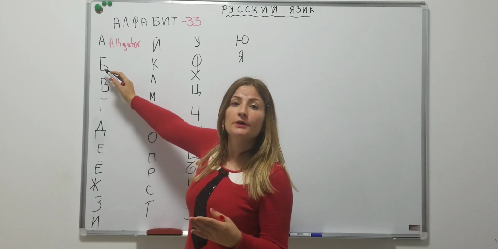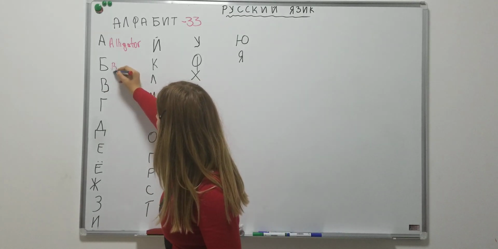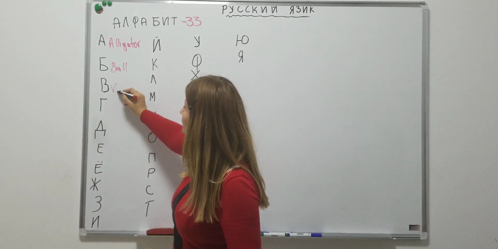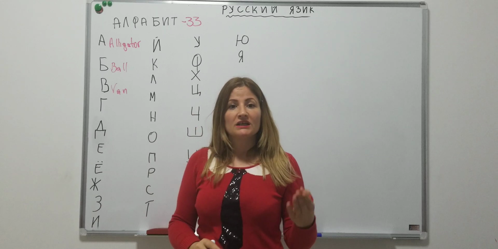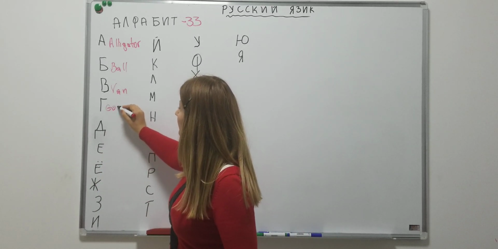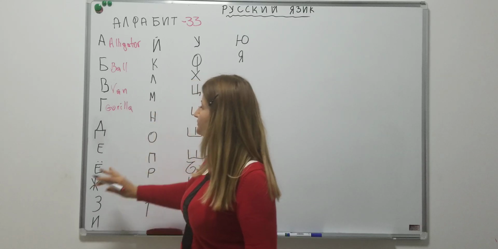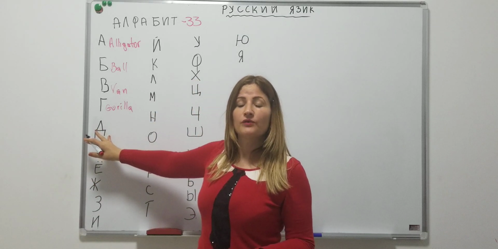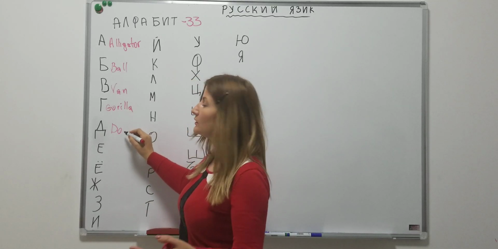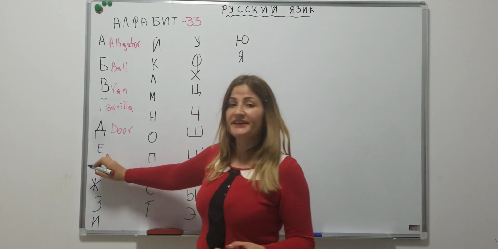This is the letter B. B is for ball. V. V is for van. G. G for gorilla. D is for door or dinosaur. Ye.